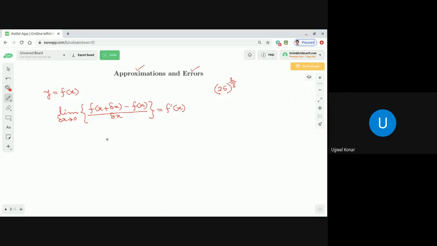to f dash x. That means what, dear students? That means the limiting value of this quantity, which is there in the second bracket on the left hand side, is equal to f dash x.